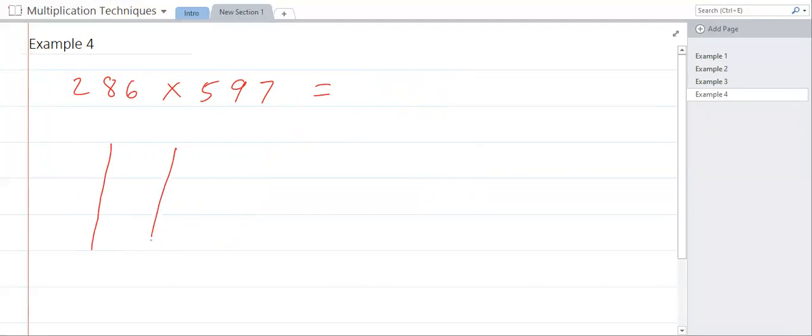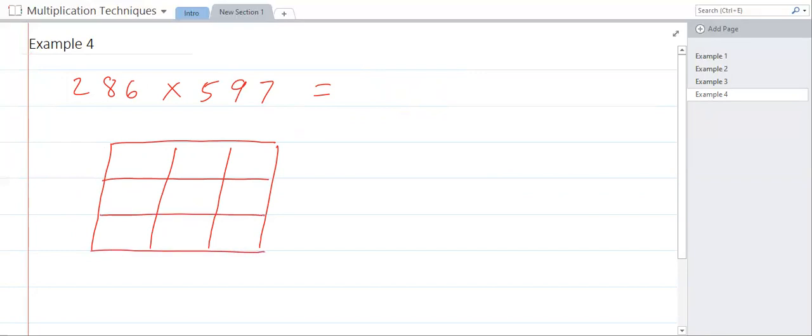So we'll create 3 by 3. So we'll write down 286, 597.